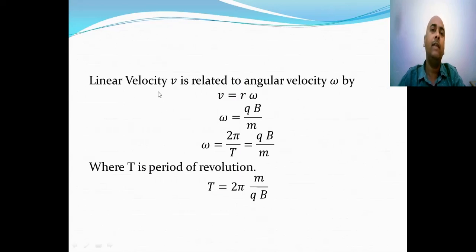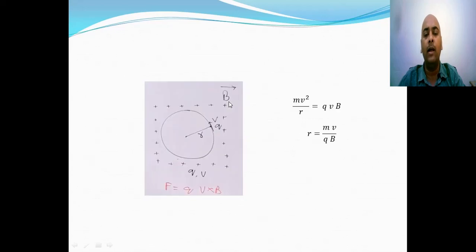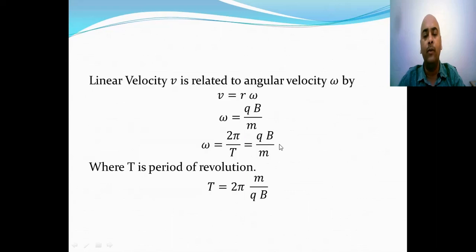So now the linear velocity, which is the rate of change of distance along a straight line, is related to angular velocity omega, which is the rate of change of angle, by the relation V is equal to R omega. By using V is equal to R omega and R is equal to mv upon qB, we obtain that angular velocity omega is qB upon m.